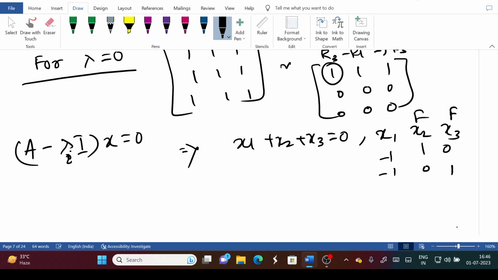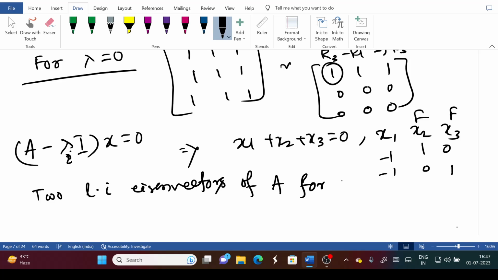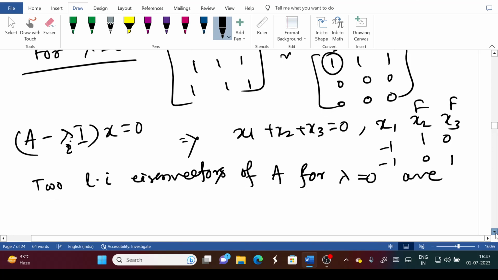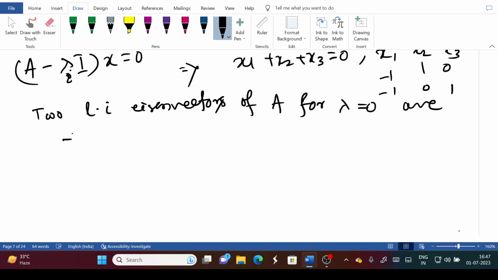So we got two eigenvectors of A for lambda equal to 0. What are the eigenvectors? (minus 1, 1, 0) and (minus 1, 0, 1).